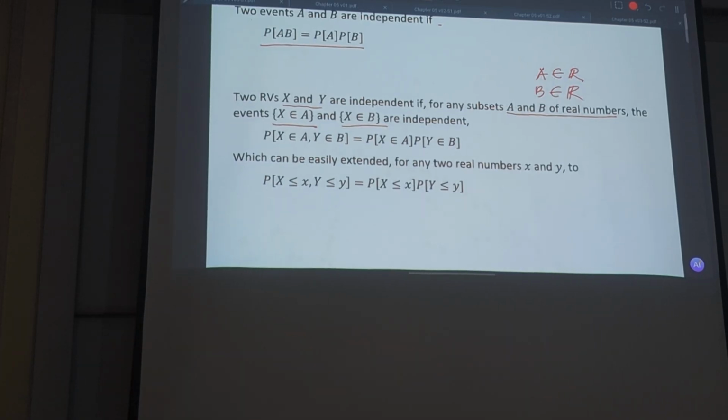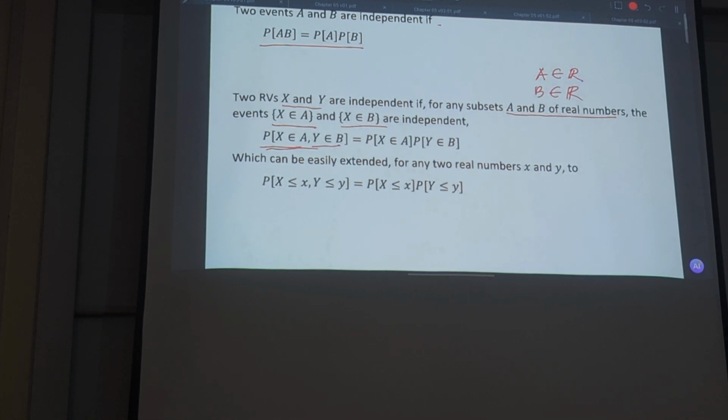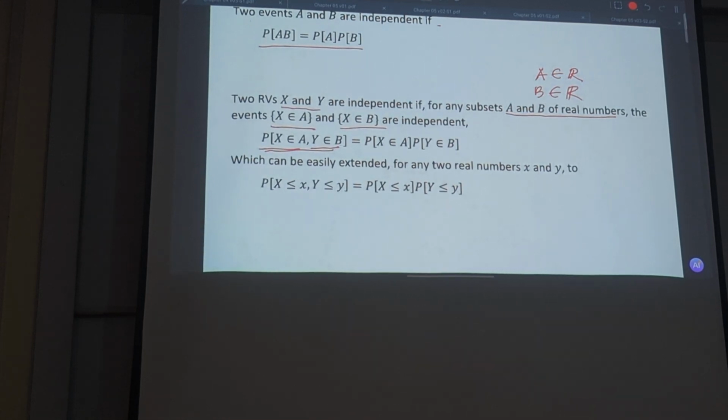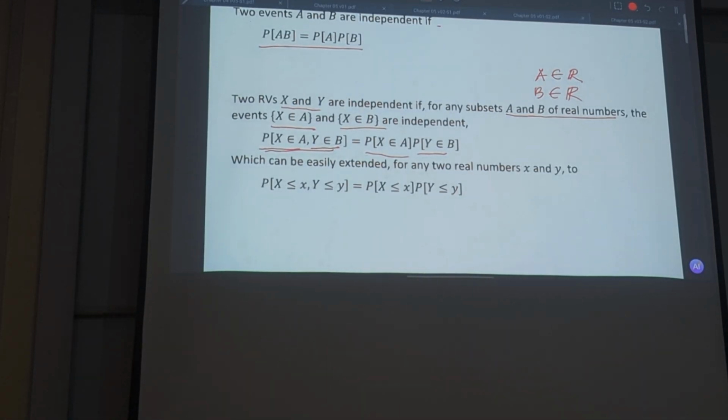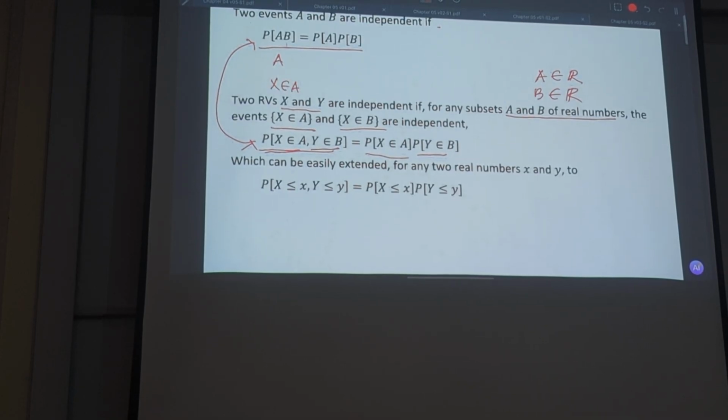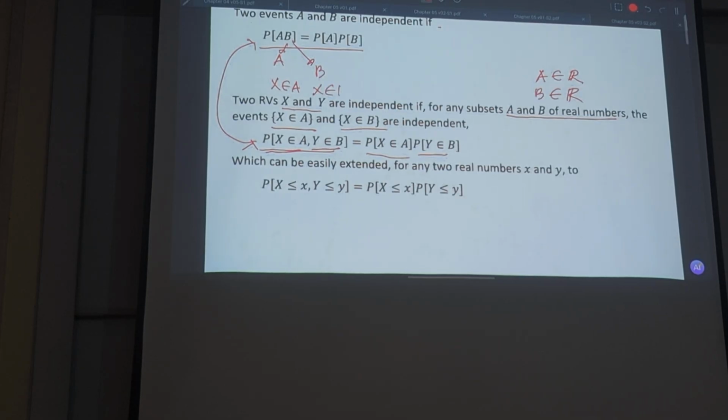Under that circumstance, what can we write? The joint probability that X in A and Y in B will be equal to the product of their individual probabilities. So these two equations are identical, except that here A is an event, here X in A is an event, here B is an event, and here Y in B is an event.